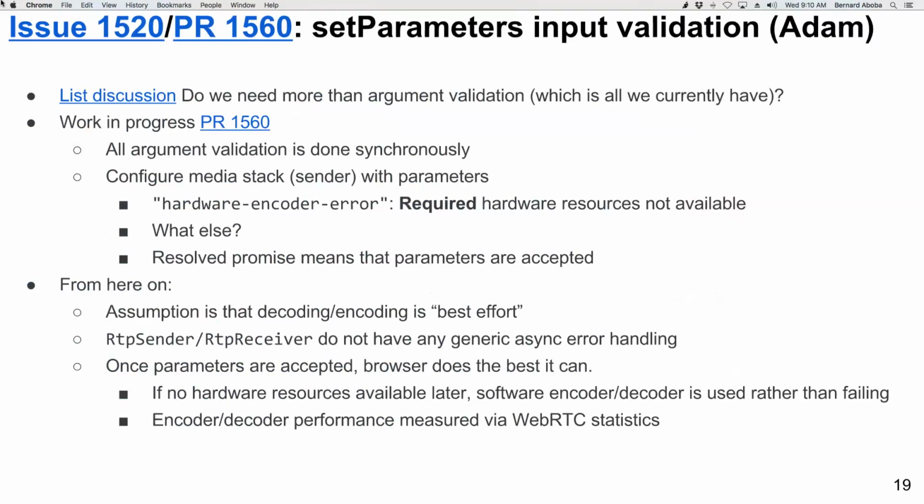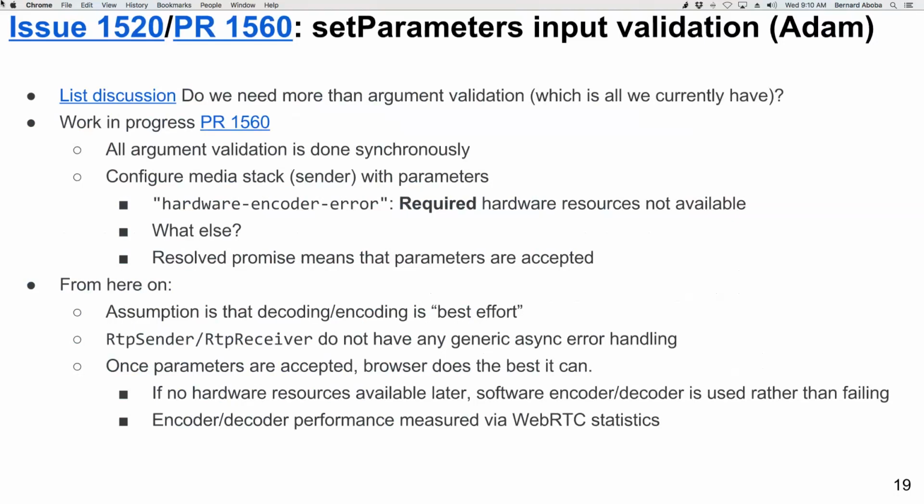So I sent out a question on the mailing list asking what kind of errors would be that the media backend would report, and then I got some hints from Taylor and Bernard about some old issues where this was discussed, and there was a problem when the developer removes all the codecs except a codec that depends on hardware. So the best efforts thing won't work really because there's no software to choose from.